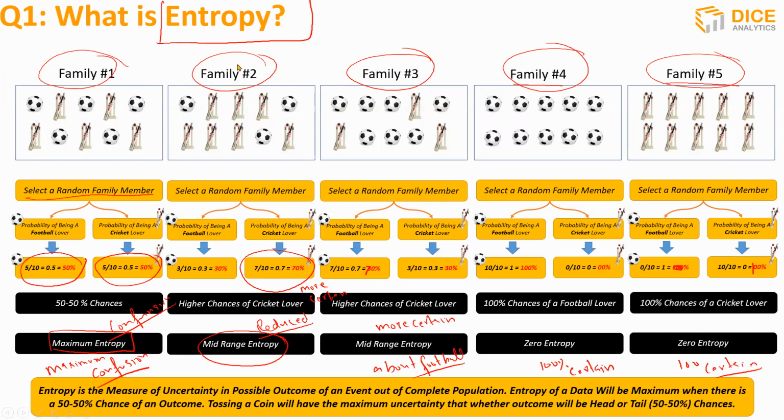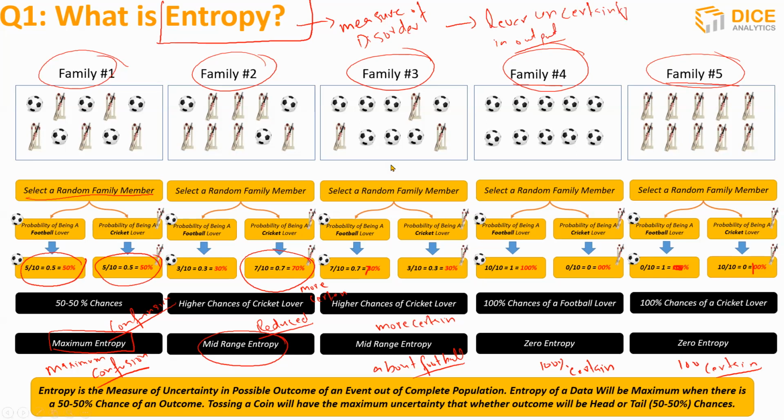So we call this concept entropy, or you can say it's also a measure of disorder, or the level of uncertainty in output.